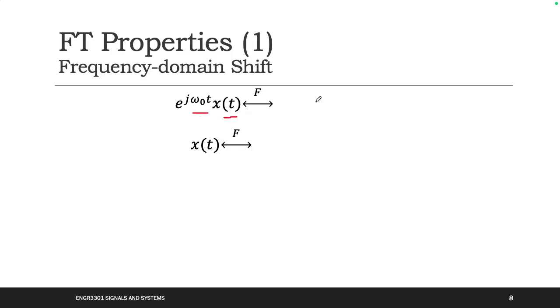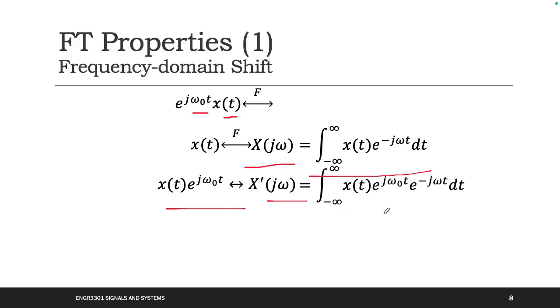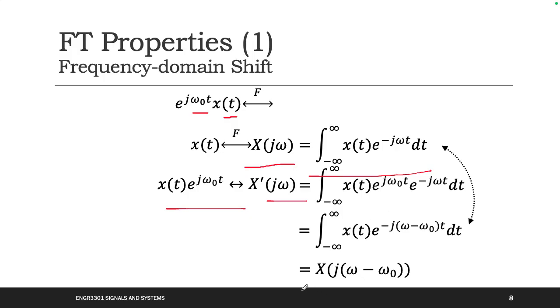And for the new signal's FT, because this is the FT for x(t), and we use this equation, and for this new one, we just calculate using the analysis equation, and then you can see step by step, compare this one and this one, you will find your new FT should be this one. That makes sense? Which means if you do a frequency shift in the signal, the FT coefficient also does a frequency shift.